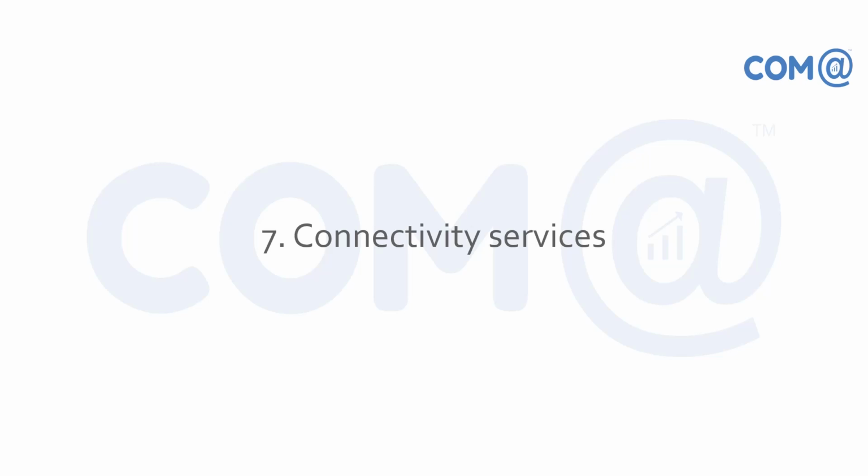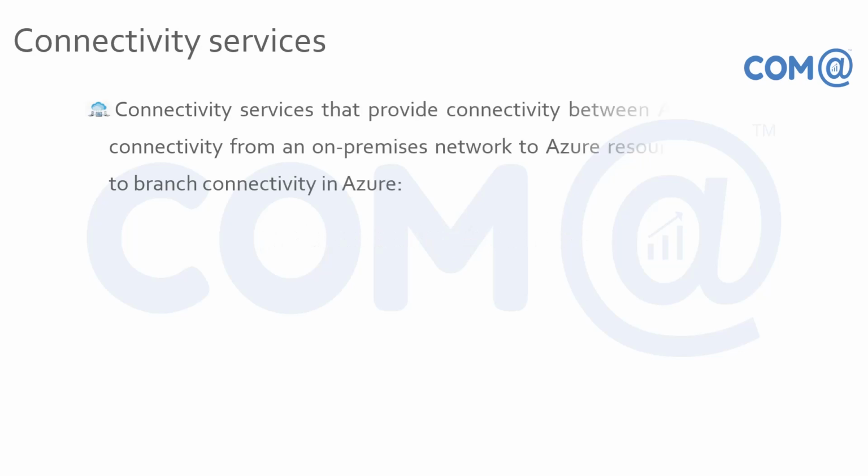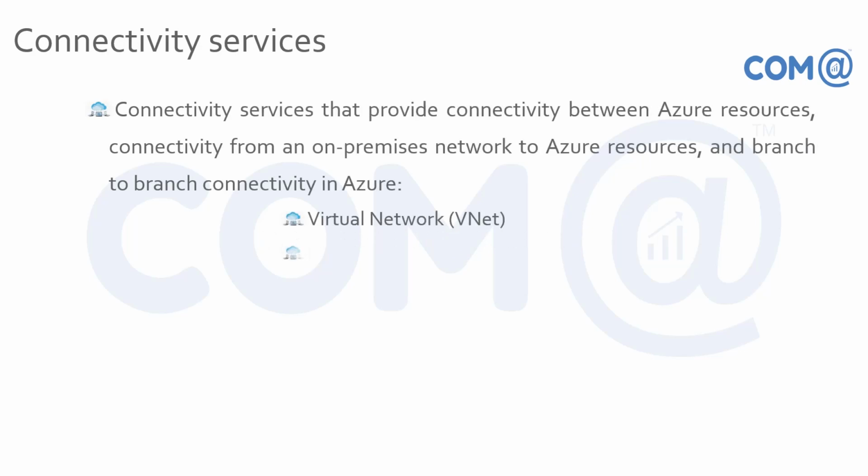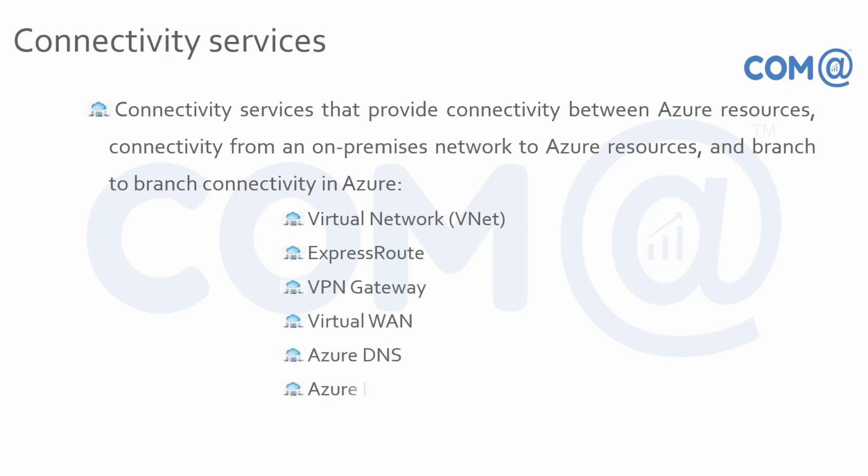And in this video, we'll be discussing the connectivity services. As in the previous video, we discussed that the connectivity services provide connectivity between Azure resources, connectivity from on-premises network to Azure resources, and branch-to-branch connectivity in Azure.